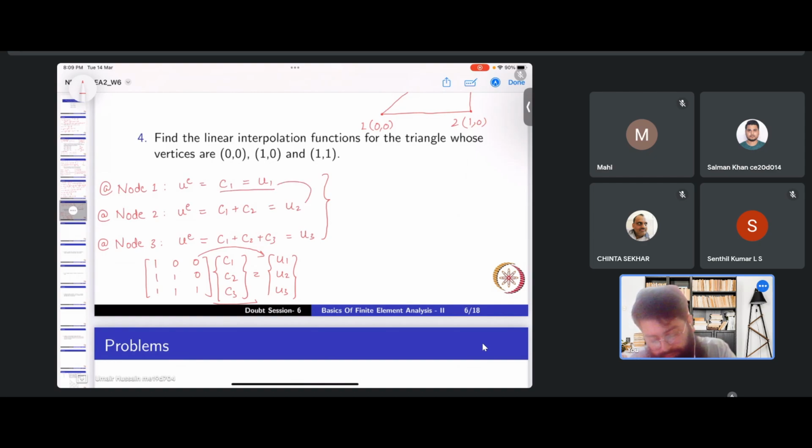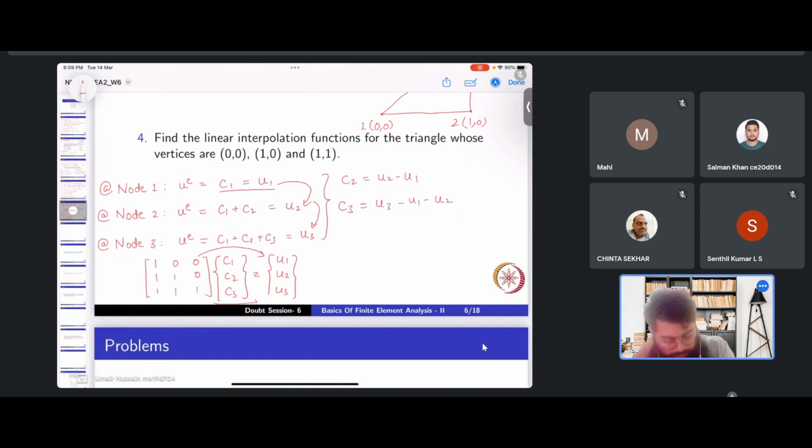We substitute this in equation 2 here, so we get C2 equals U2 minus U1, and we substitute these two values again in the third equation. We get C3 equals U3 minus U1 minus U2.